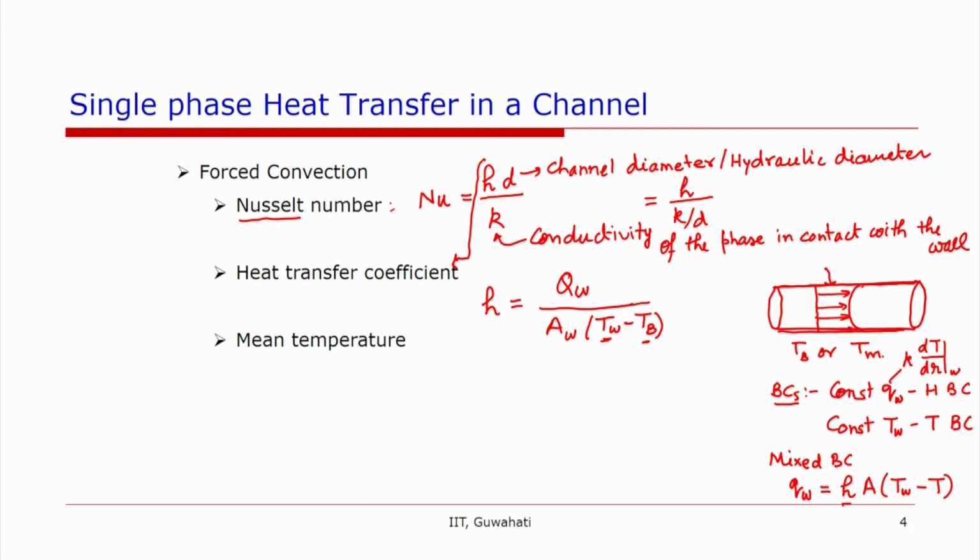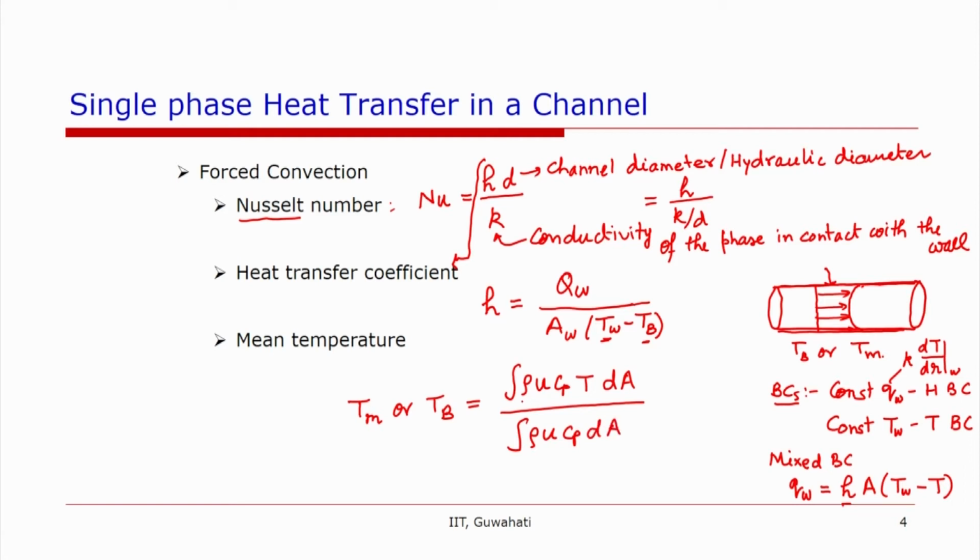So, in this case the mean temperature is defined as T mean or T bulk is equal to integral rho u Cp T dA divided by integral rho u Cp dA.